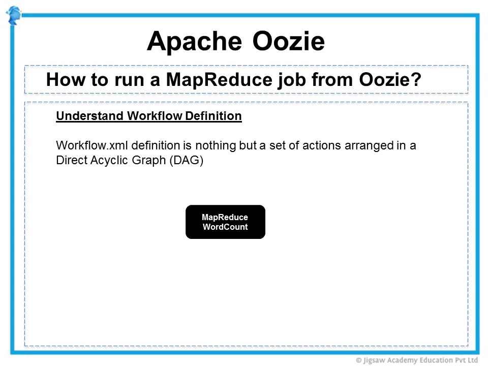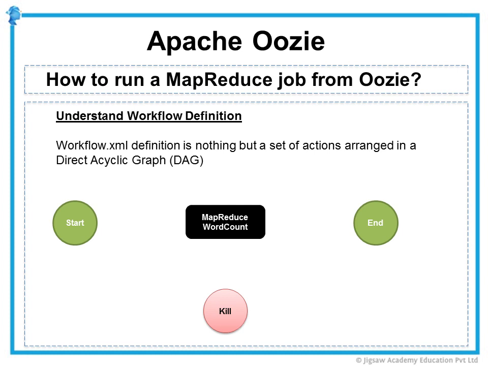So for this, the DAG, or the directed acyclic graph, will include control flow nodes like start, end, and kill nodes. The start, end, and kill nodes essentially define the beginning and the end of a workflow.